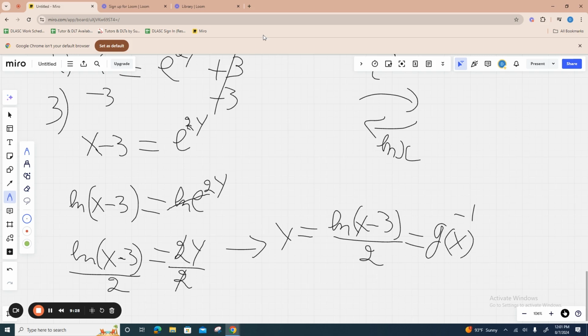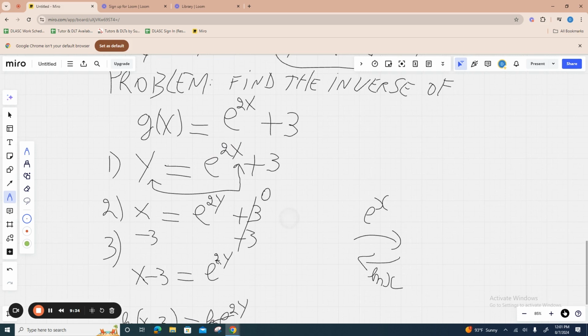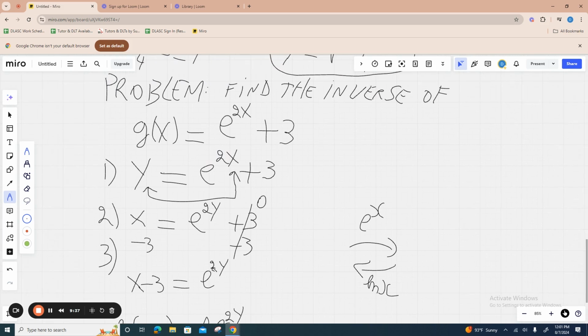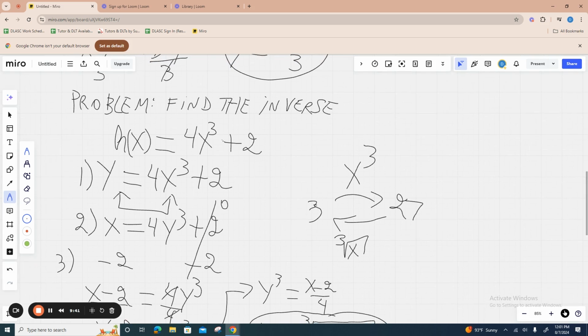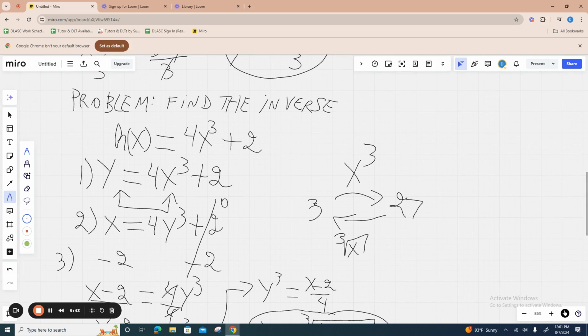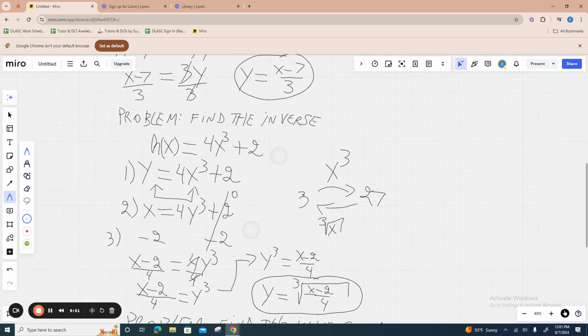So today's session was on inverses, and I want to show this problem here. The steps, let's go to this one here. We set a y equals as step 1. We switched x and y for step 2.